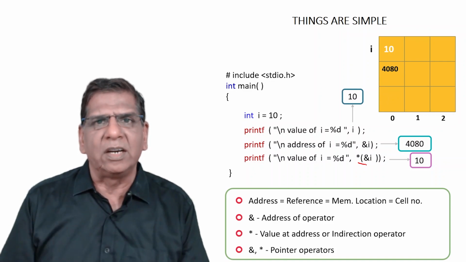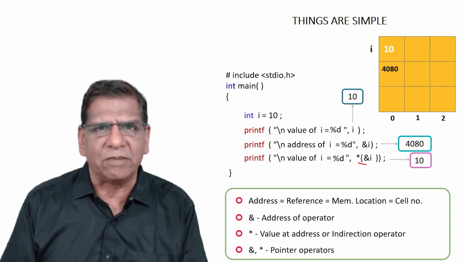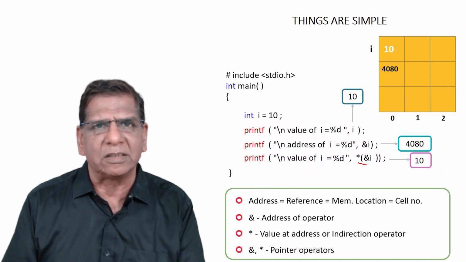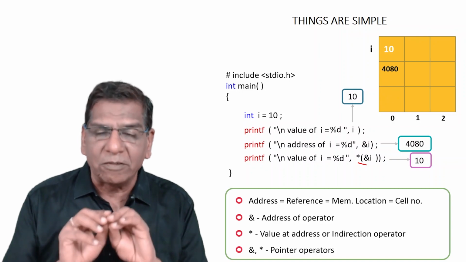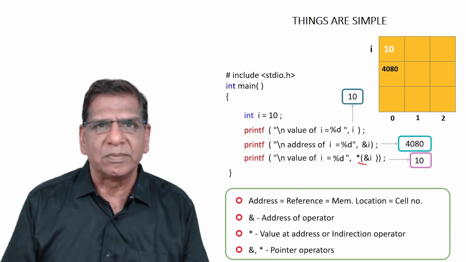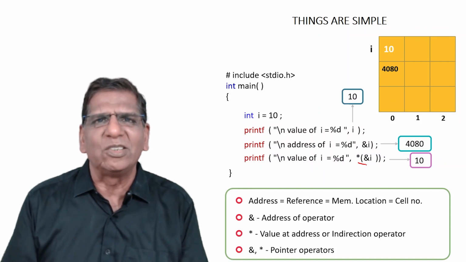So all that we have learnt here is that & is the address of operator, star is the value at address operator, and together they are known as pointer operators. In fact, with that we are actually done with pointers. Don't believe me? Well, that is the only thing that is to be learned.